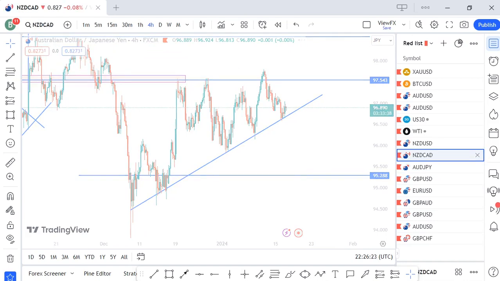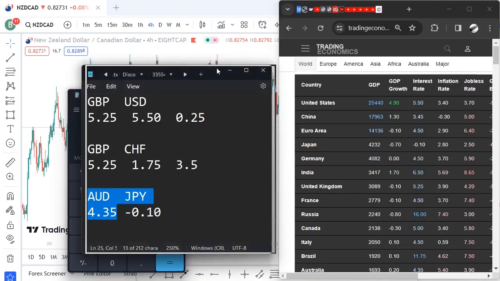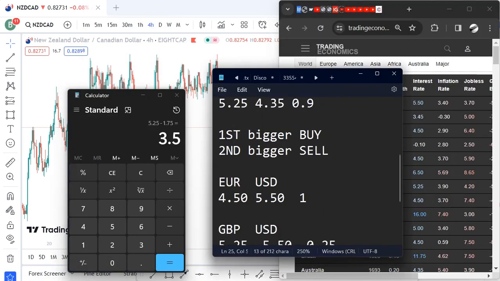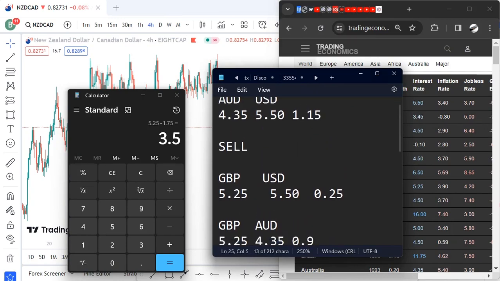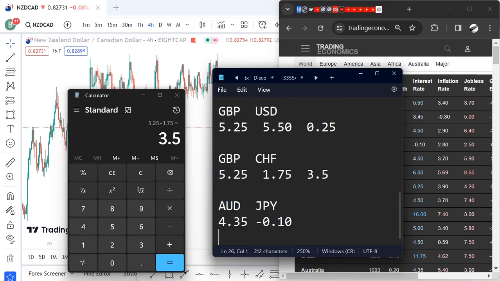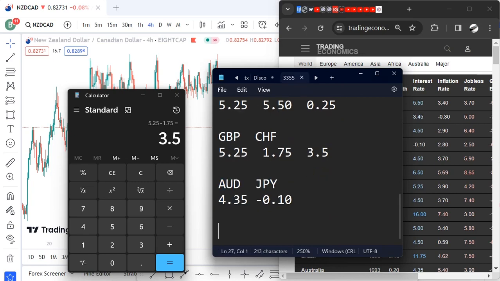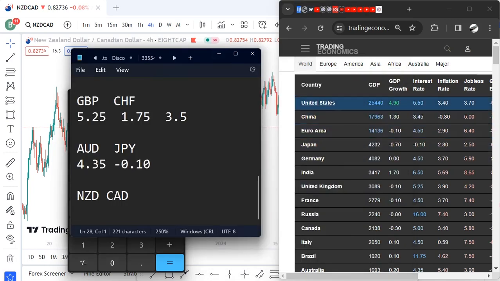So let's check New Zealand Canadian dollar. New Zealand, have we done New Zealand before? I don't think so. What about the Canadian dollar? No. So NZD CAD. Let's go over to our chart.